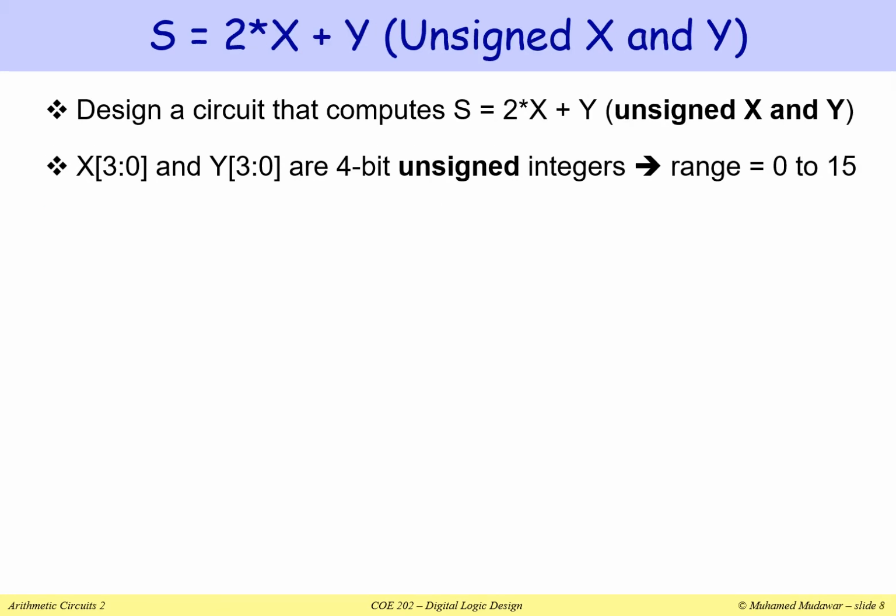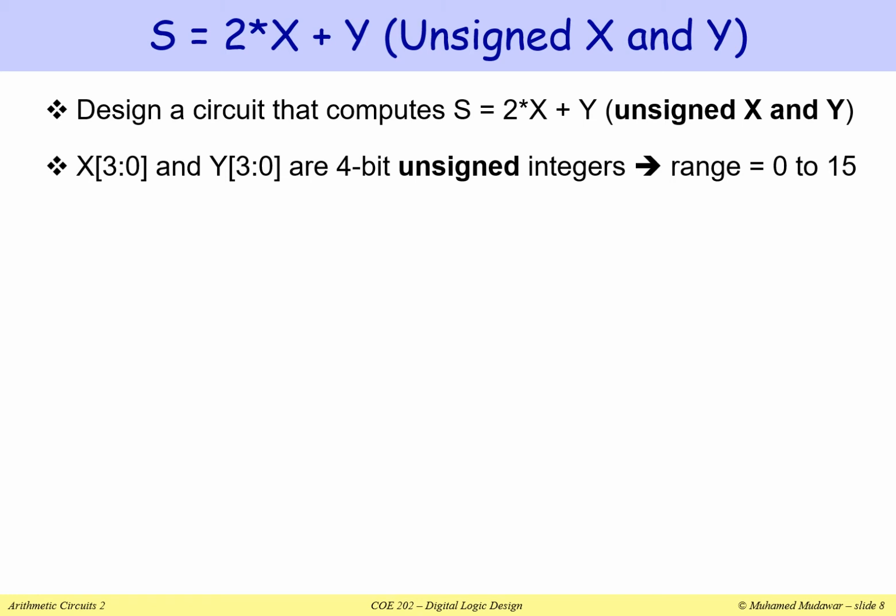Next, let us design a circuit that calculates 2 times x plus y. So how do we calculate 2 times x? Here x and y are unsigned integers. We can calculate 2 times x with shifting.